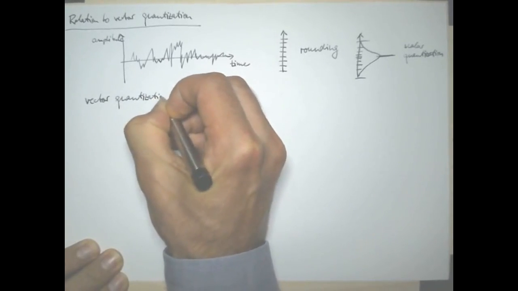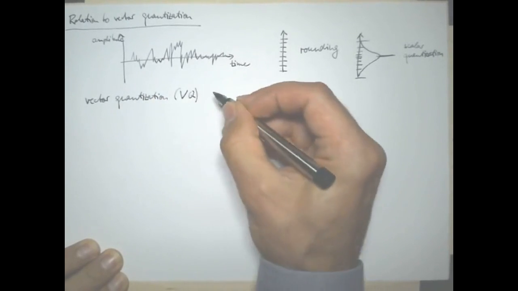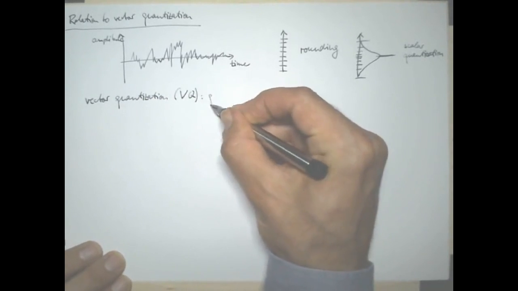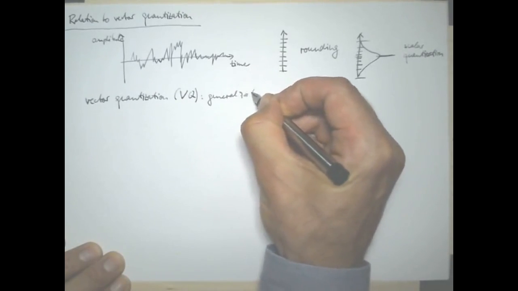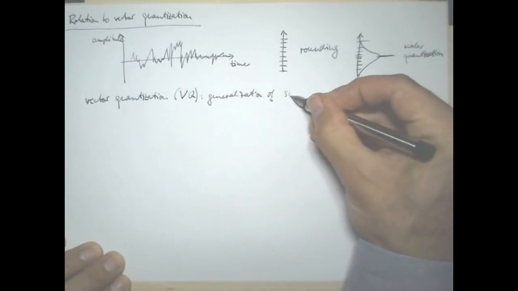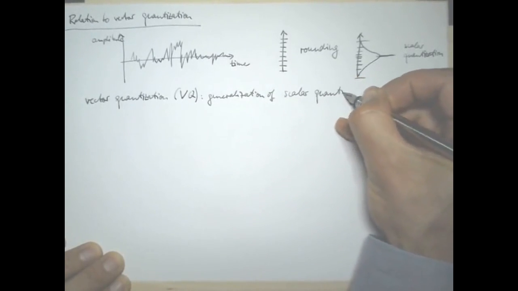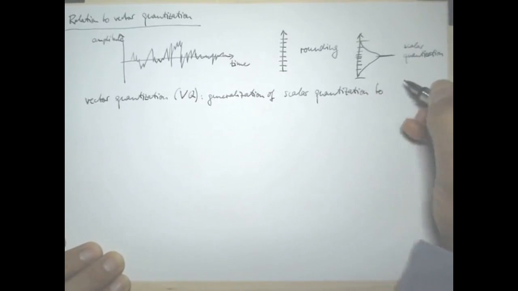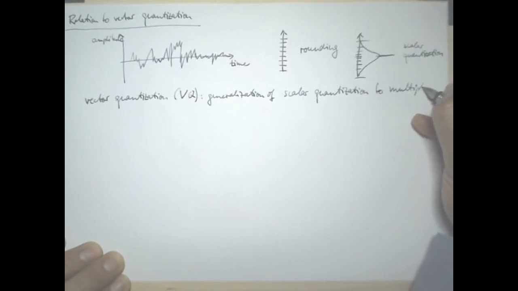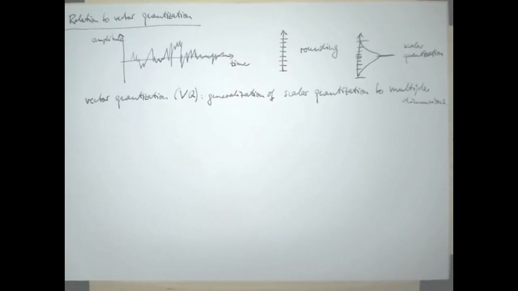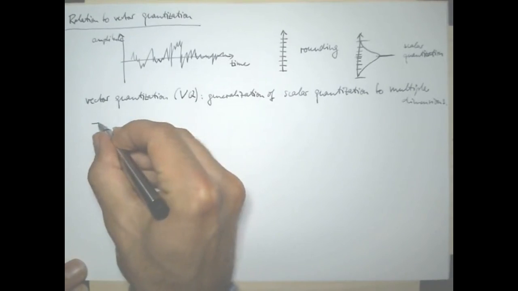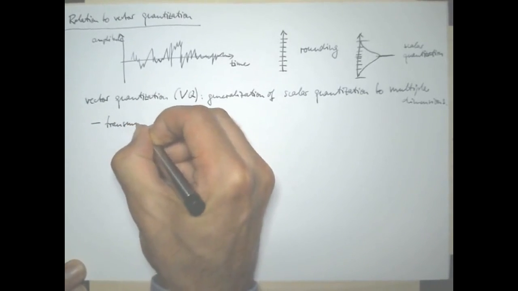So vector quantization, or VQ for short, is the generalization of scalar quantization to multiple dimensions. And well, in vector quantization, you transmit your code book.